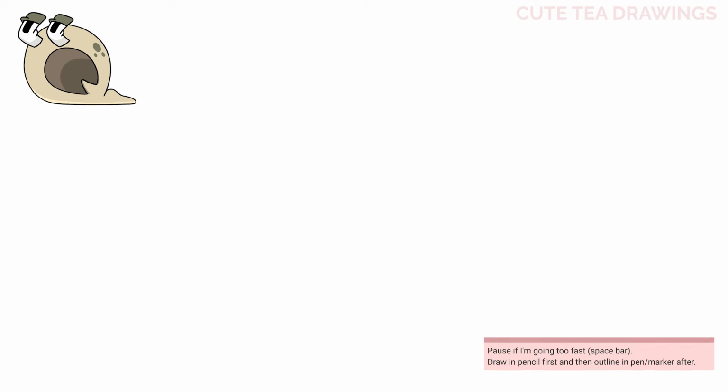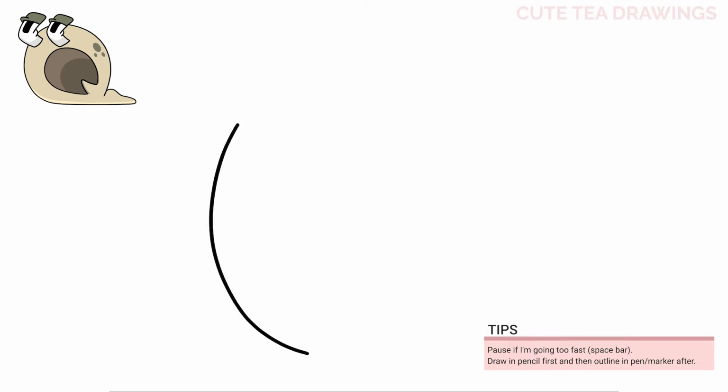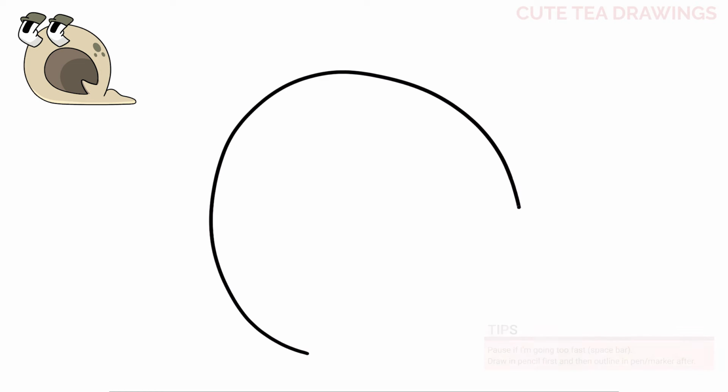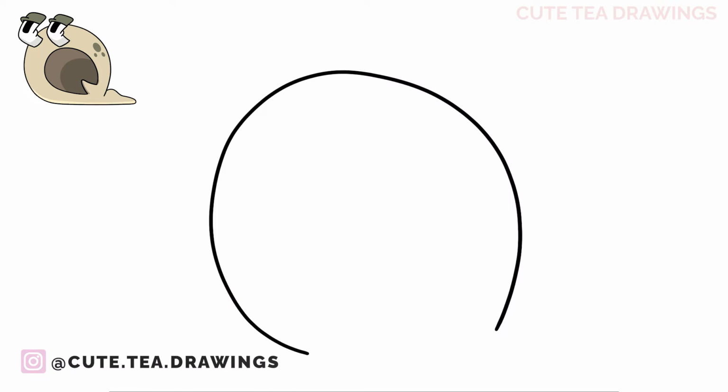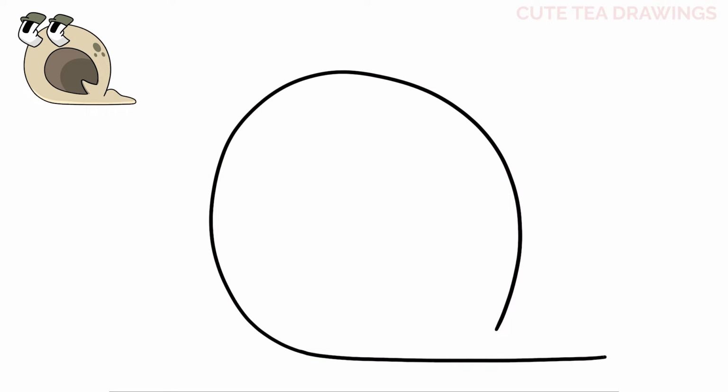With this drawing, I'll be erasing some lines. I'd recommend drawing in a pencil first. Okay, let's start on the bottom left, and let's draw a curve up, back around to the right, stopping here. Then from the bottom left, let's continue that line over to the right, bringing it out further like this.